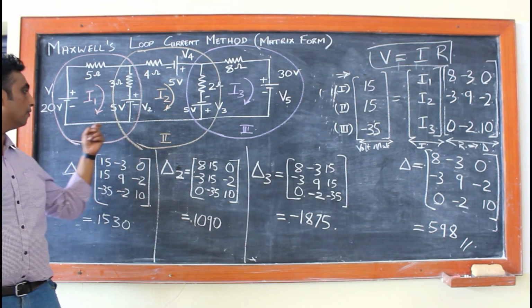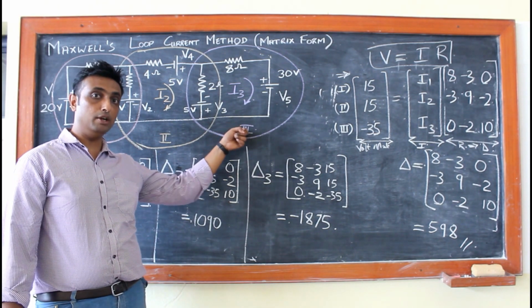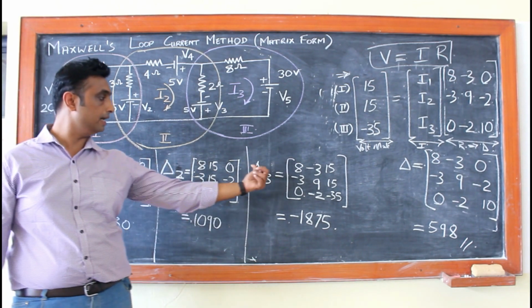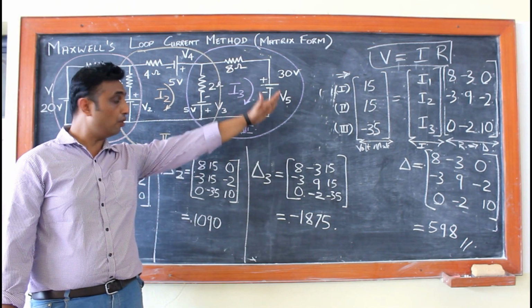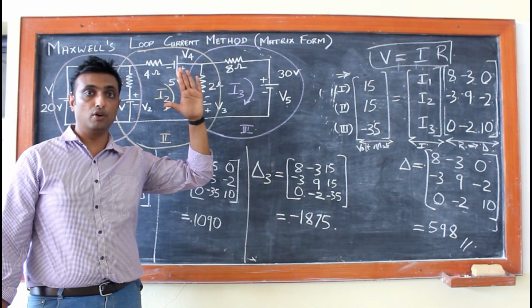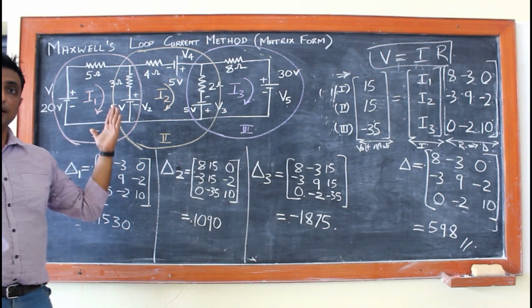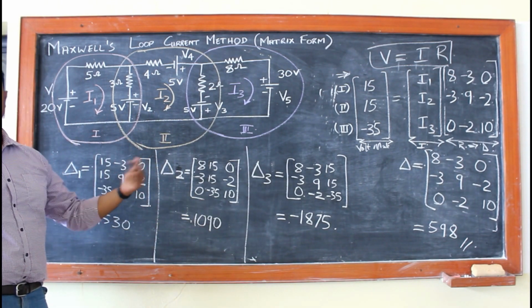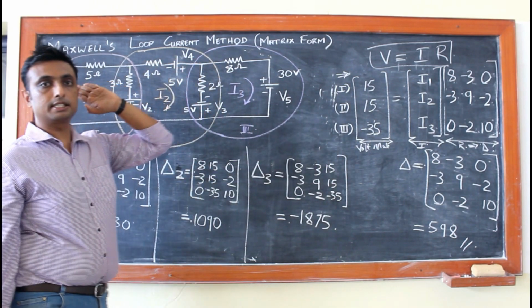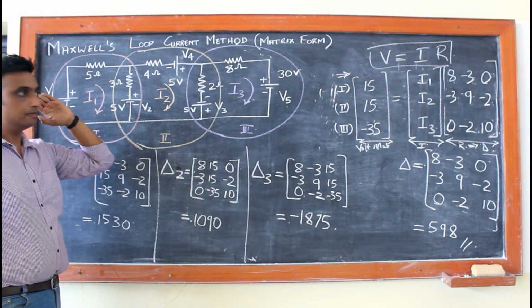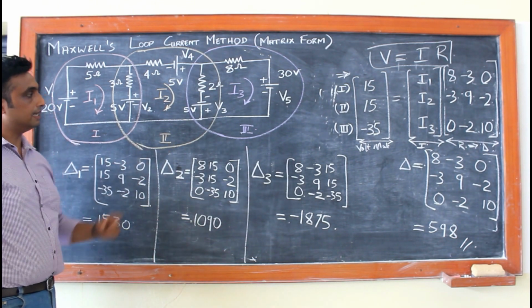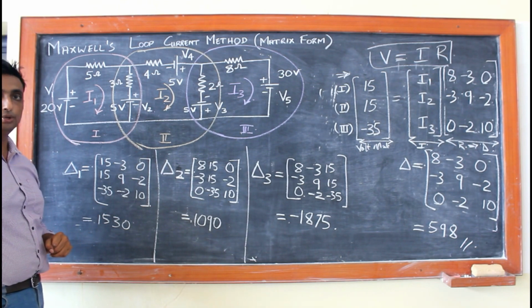If I have 3 loops, I will have totally 3 deltas. If I have 4 loops, I will have delta 1, delta 2, delta 3 and delta 4 and so on. If I have 2 loops, then only delta 1 and delta 2. Delta will only be the resistance matrix. So I will get delta 1, delta 2 and delta 3 since there are only 3 loops.